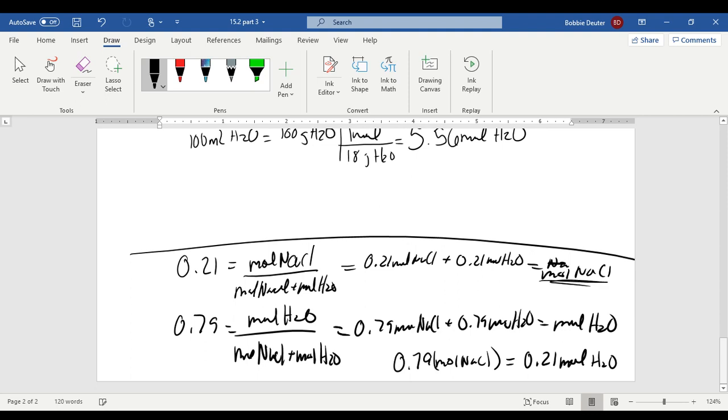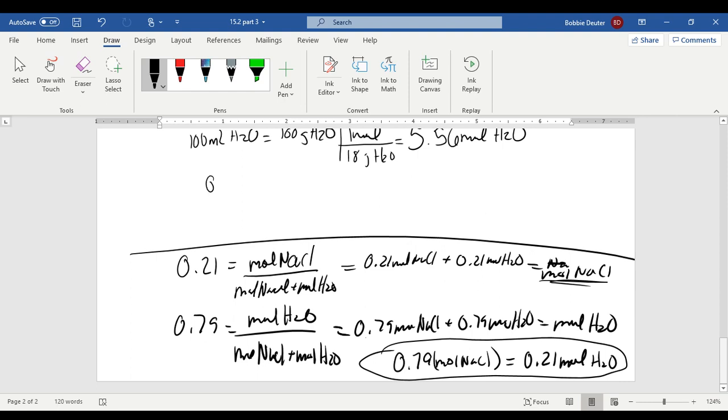So where it says moles of NaCl, well, I put that over here. So we could actually substitute this in. This is what it simplifies out to right here. So the easy way to put that is the molar fraction of the solvent times the number of moles of solute is equal to the molar fraction of solute times the moles of solvent. And that's what we're going to use.